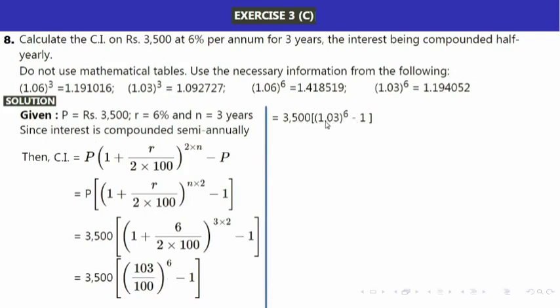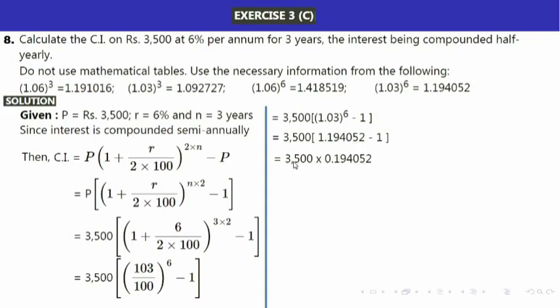Now, what is the value of 1.03 to the power 6? We just find the value where it is given. So 1.03 to the power 6 is this much. Substituting, we get 1.194052 minus 1, so 1 and 1 get subtracted and you are left with 0.194052.